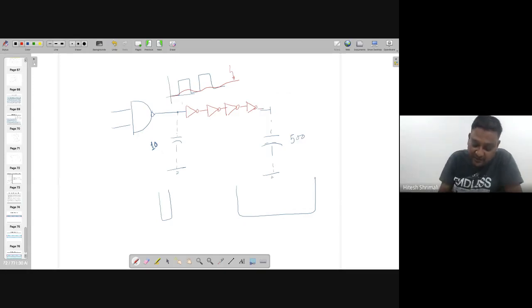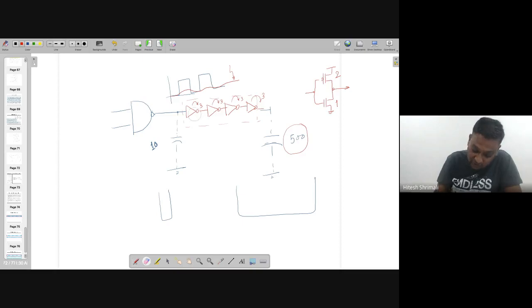But if you are keeping these all equal, what I mean by all equal is, if you are going to keep something like this, where this is 1 and this is 2, all cascaded to each other, then this inverter can drive the load of 3, this inverter can also drive the load of 3, and this inverter can also drive the load of 3, not the load of 500.